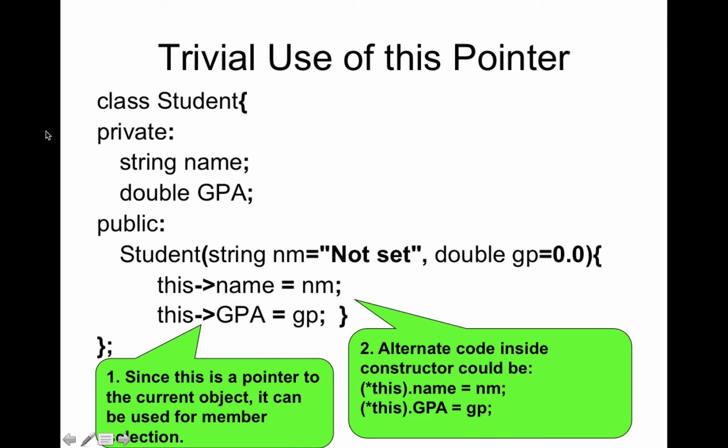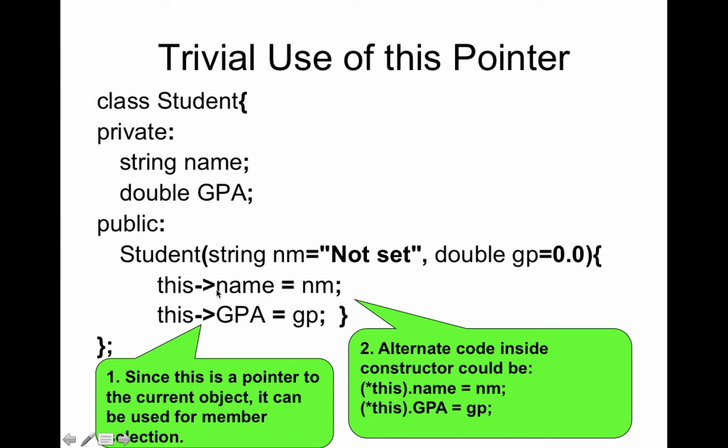Then I can actually write a constructor with this kind of syntax, that string name not set, that's the default argument, double GP equal to 0. Then inside the class I can identify this class data member using this arrow name and set that equal to nm, this argument. And I can identify GPA as this arrow GPA equal to GP, set this GPA to GP.